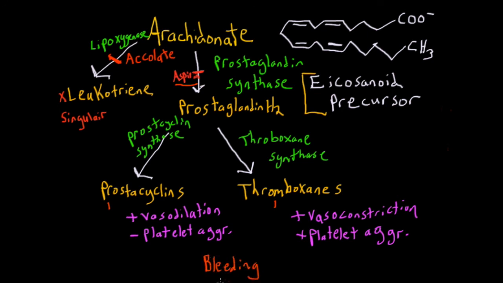Well, as it turns out, thromboxanes are specifically in platelets, whereas prostacyclins are going to be made in blood vessel walls.